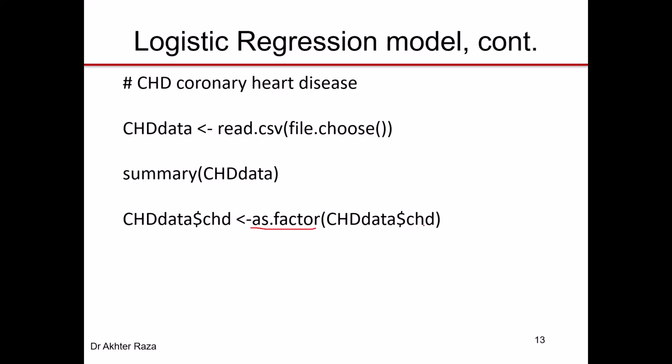So the CHD variable of the data set is converted, and the new CHD is stored in the same variable, which means it replaces the previous variable. If you look at the structure of the new variable, you can see that the categorical variable is converted into a factor.